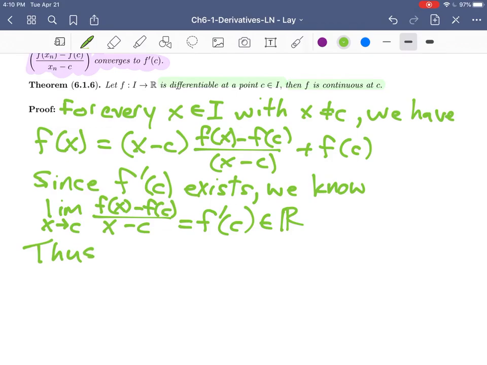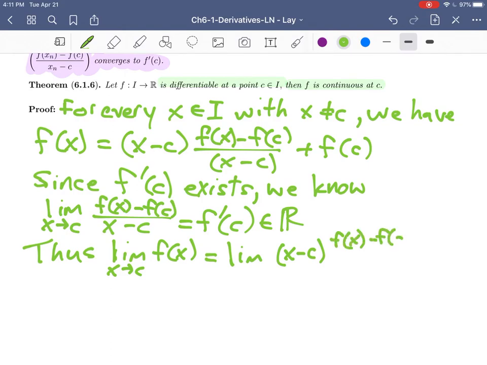Thus, we know that the limit of f of x as x approaches c should be exactly the same as the limit of x minus c times f of x minus f of c over x minus c, plus f of c, as x approaches c.